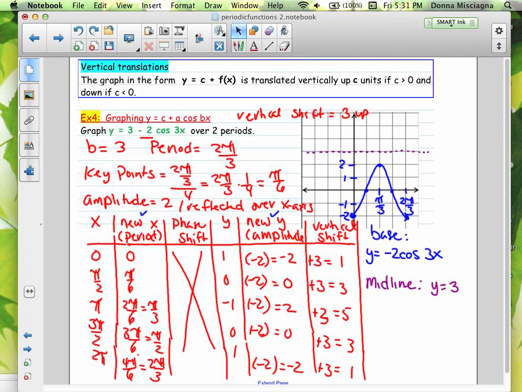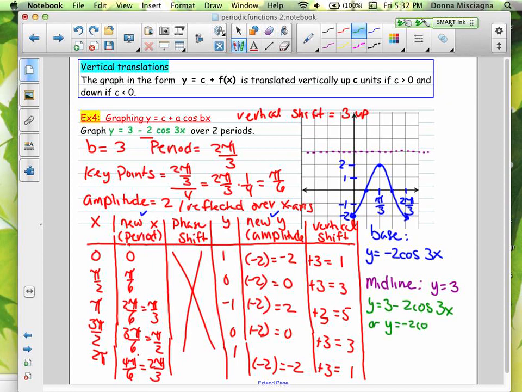And now let's graph our new graph, which is y equals 3 minus 2 cosine 3x. Notice your vertical shift could go in front, or it could have been written y equals -2 cosine 3x plus 3. They are the exact same thing. So all my points go up 3. Now I've got the point (0, 1), and we have the point (pi/6, 3).